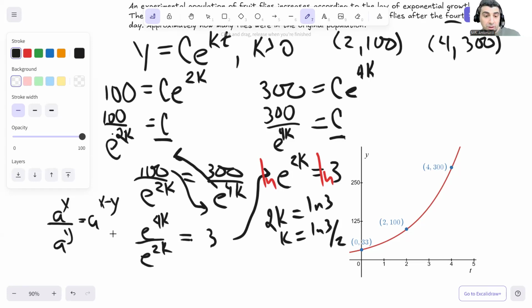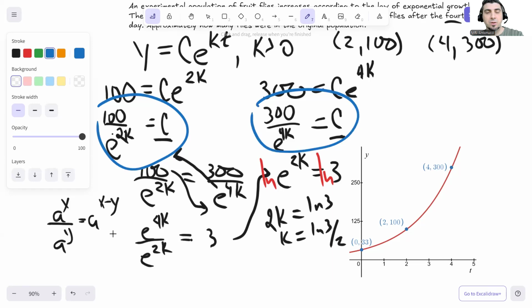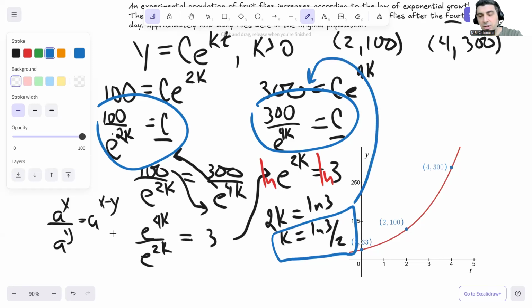Now, it's really simple at this step to solve for c because we already have our equations solved for c here. We don't have to do both of them. We could do one or the other. So if k is natural log 3 over 2, and we put it into this equation, that would give us 300 over e to the 4 times natural log of 3 over 2.